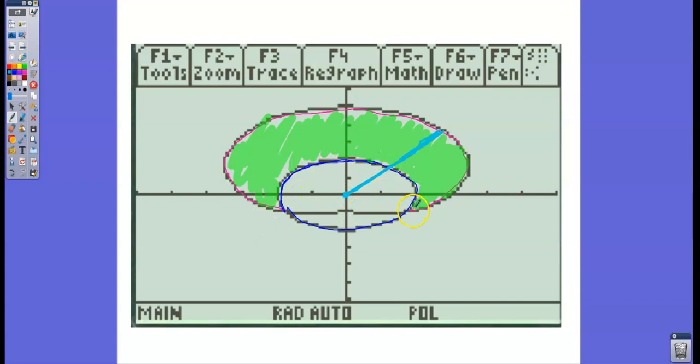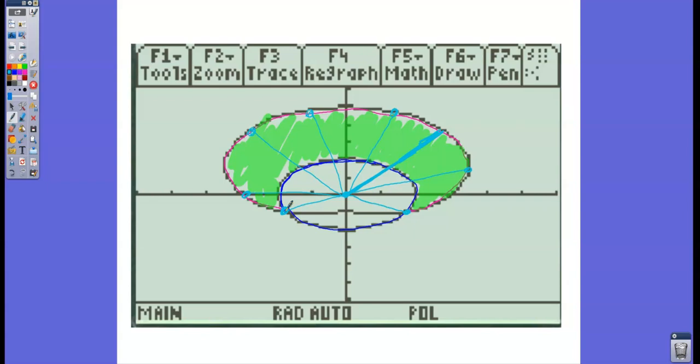And you notice that happens all the way around. If I take a line out to here, or a line out to here, or here, or here, or here, everywhere on this region, that same relationship holds, which means this is going to be just one integral.